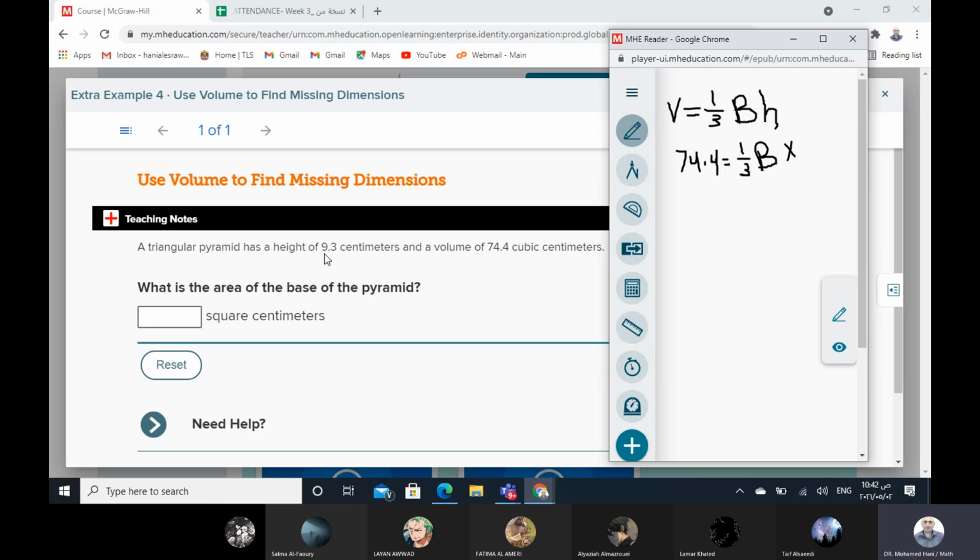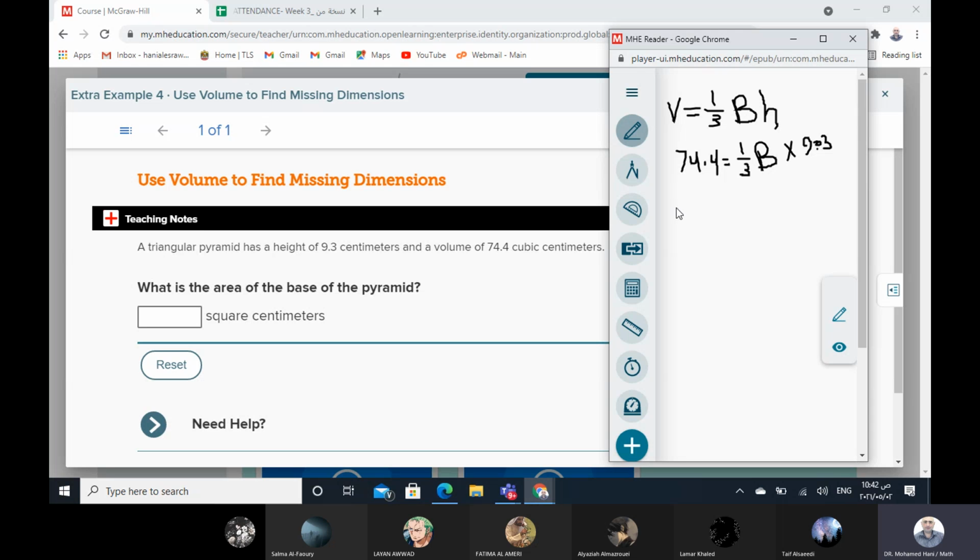The height of the pyramid will be 9.3. Now we have an equation. To solve this equation, in the second side here, the first step, multiply 9.3 by 1/3.